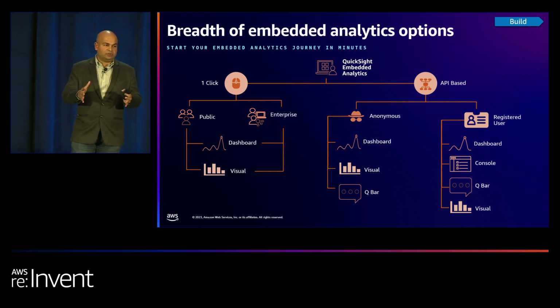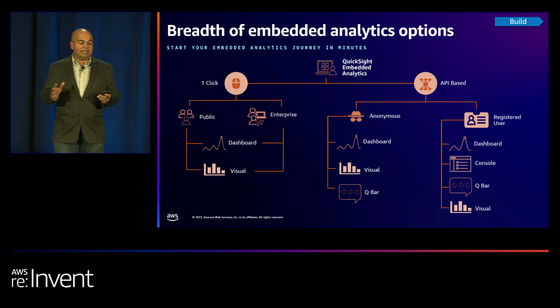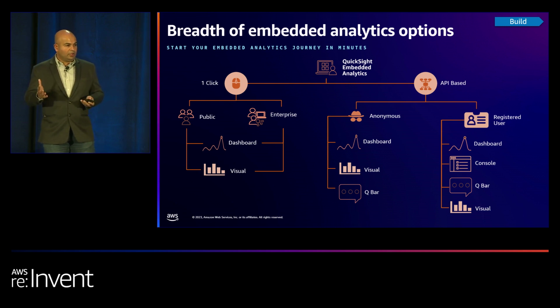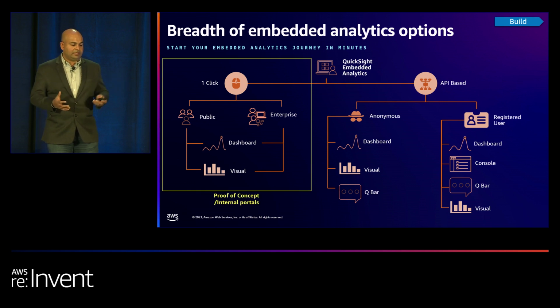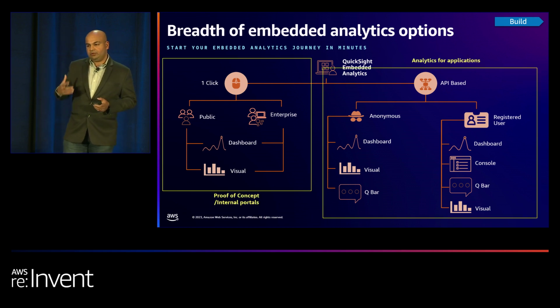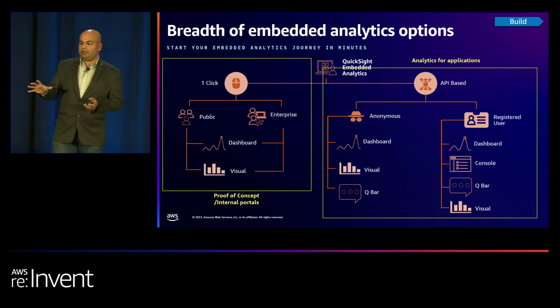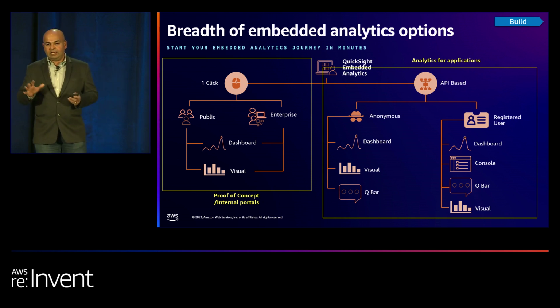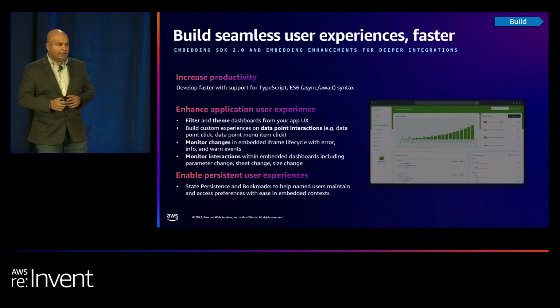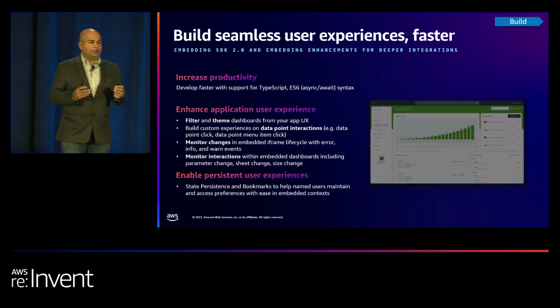And all users who see this dashboard are not able to see anything beyond that. So the two models work differently, but they suit different use cases, as you'll hear later in this presentation. But just to recap, the one-click model works great for POCs and for enterprise settings, and the API-based model works great for applications.